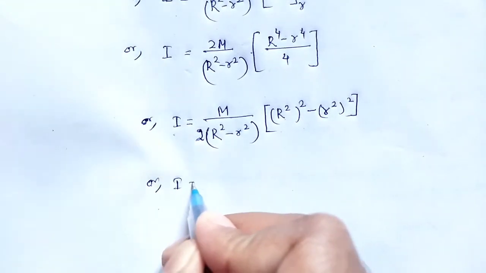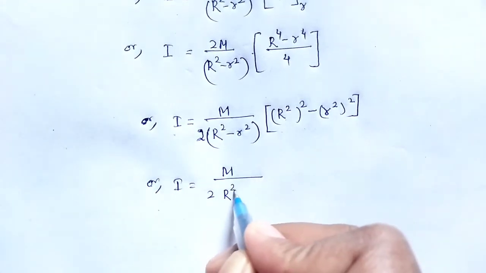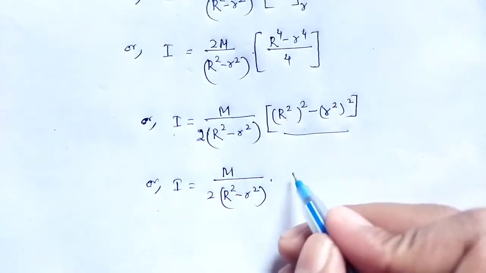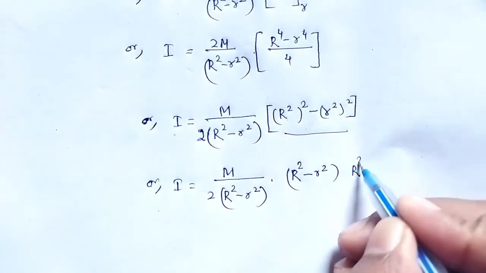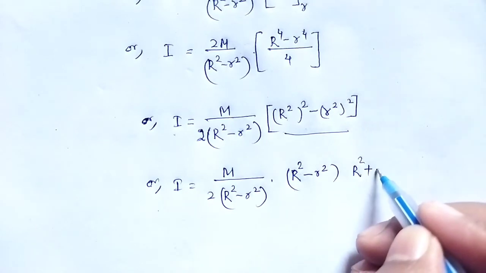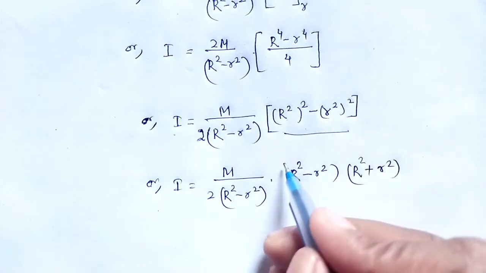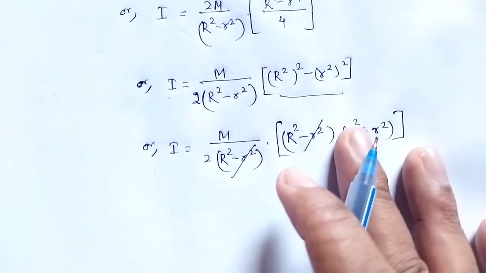Now I is equal to m divided by 2 (R square minus r square). This can be written as (R square minus r square) whole into (R square plus r square), that is a square minus b square, that is (a plus b) whole into (a minus b). Here R square minus r square cancel out.